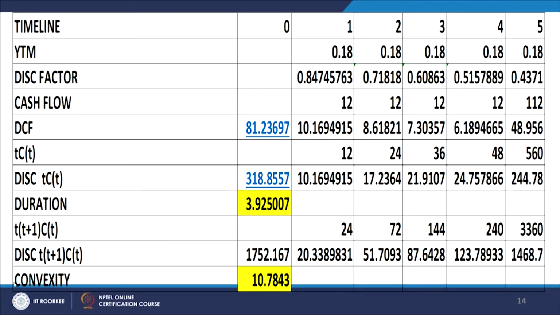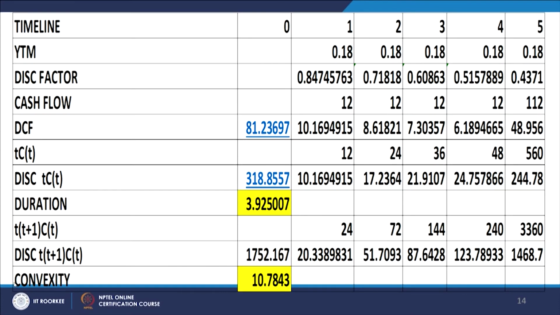We sum them all up and divide by the market price, which we arrived at earlier, 81.29. After doing all this, we arrive at a duration of 3.925 years. That is the duration.